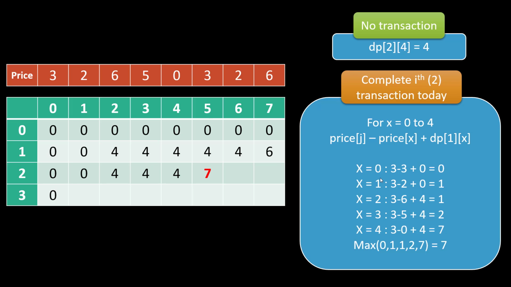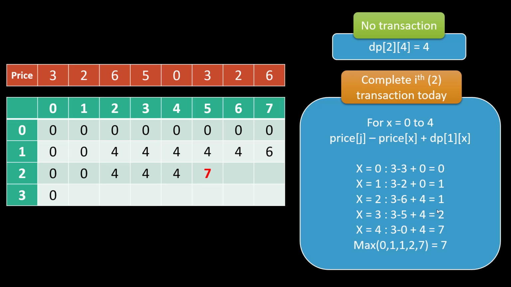Now the change over here is for x equal to 4, that is on the 4th day, because I am buying on the 4th day and selling on the 5th day, which gives me a profit of 3 minus 0, that is 3, and the profit that I made till that point for i minus 1 transaction was 4. So 4 plus the profit from the current transaction, which was 3, is 7.